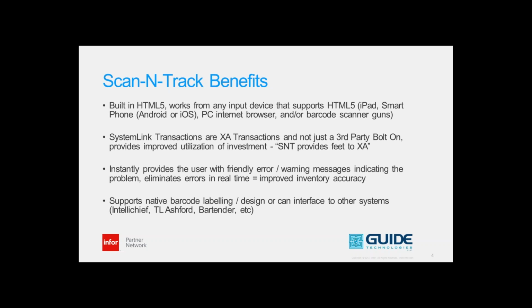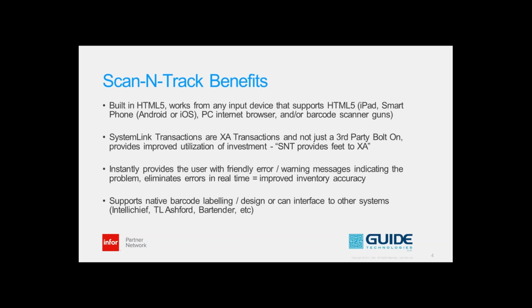The other thing is that because we're truly doing System Link transactions, we are doing the XA transactions just as if someone were keying it in on a terminal in PowerLink or in green screen. So it's not a third-party bolt-on. There's no intermediary files. We're not synchronizing data to some other database, and that's where the validation is done.